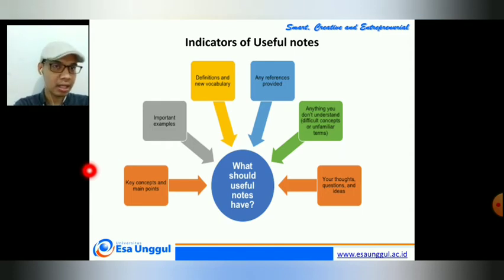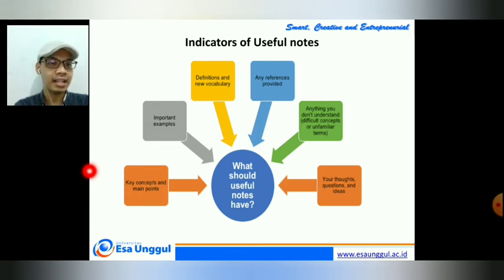And next, it's about anything you don't understand, such as a difficult concept or unfamiliar terms. Remember, if you find several unfamiliar terms, you have to find out the clear meaning, because your note will help you a lot for the next topic.